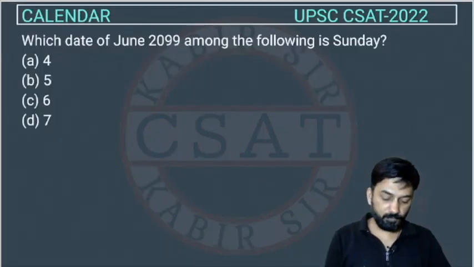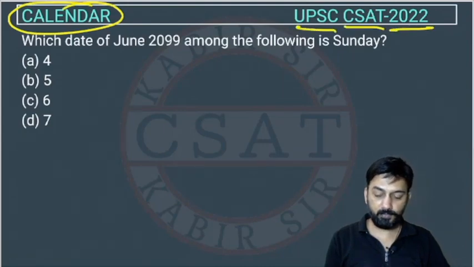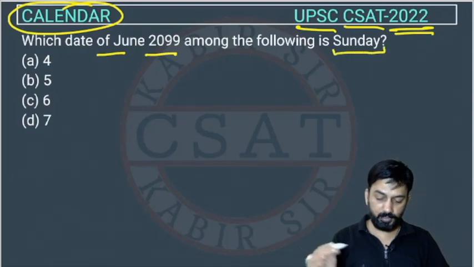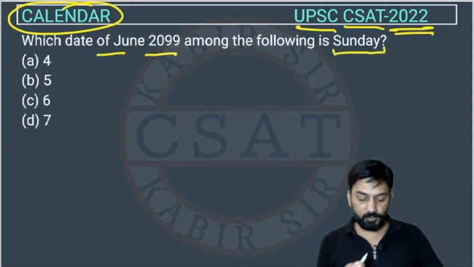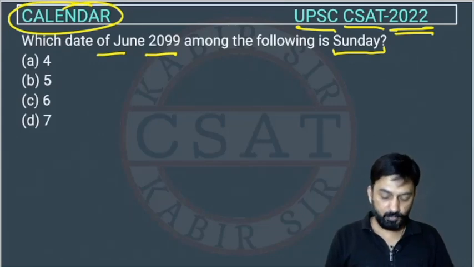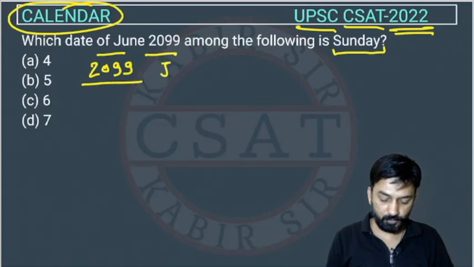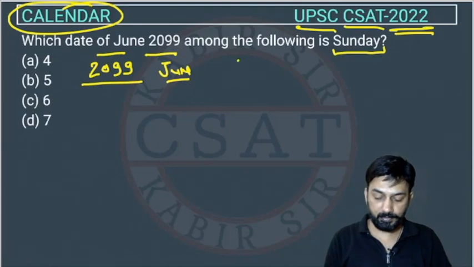This is a question from the calendar chapter asked by UPSC in their CSAT exam of 2022. Which date of June 2099 among the following is Sunday? So the question is asking, in the month of June of the year 2099, on which date there will be a Sunday. So suppose the Sunday is coming on 1st June itself, right?